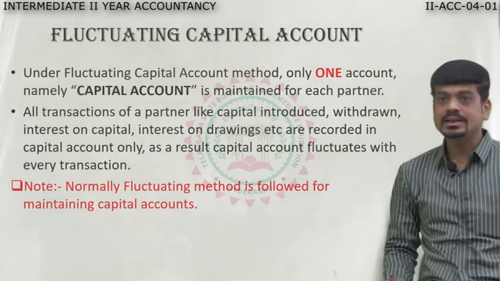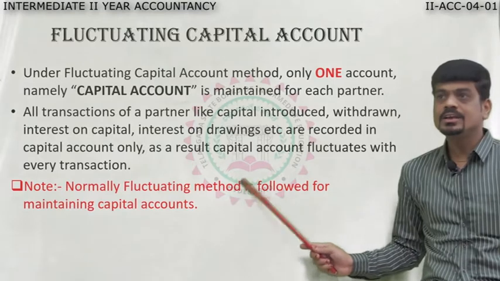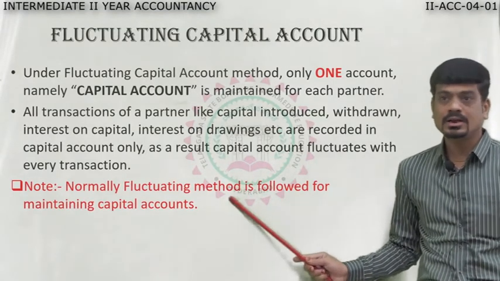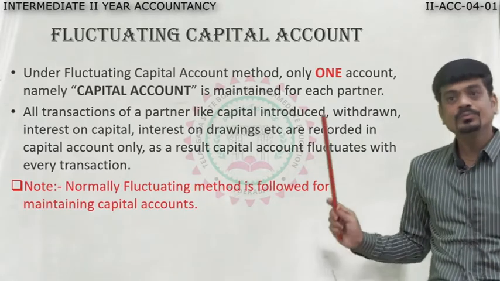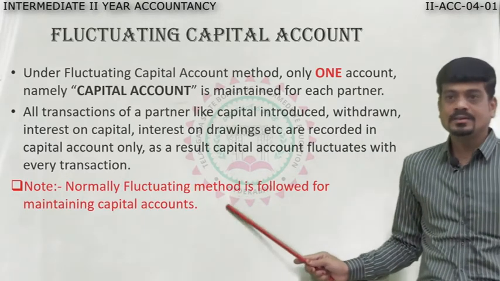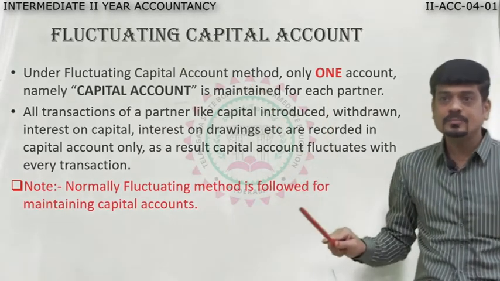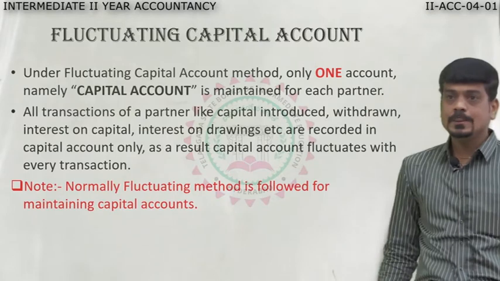Practically, we generally follow the fluctuating capital method while maintaining the partner's capital account. Like that, we have two methods of capital: the fixed method and the fluctuating method.